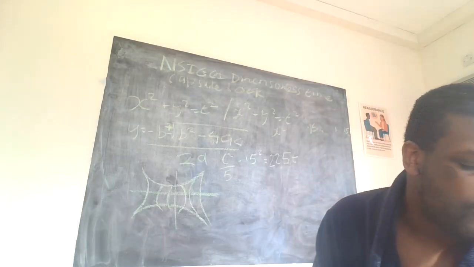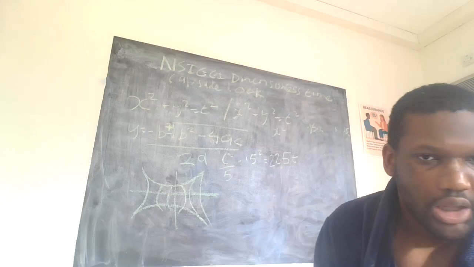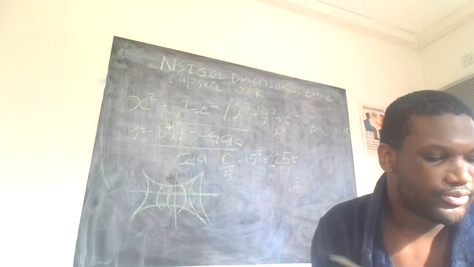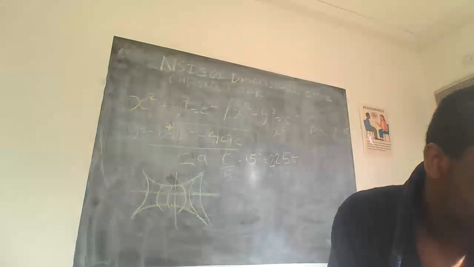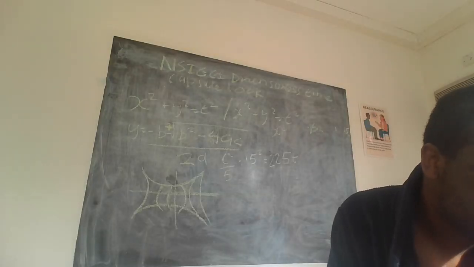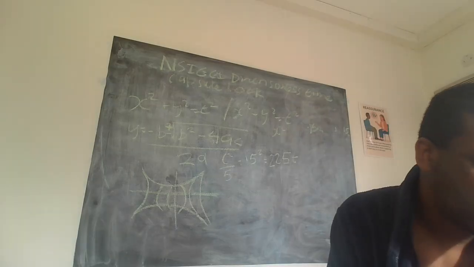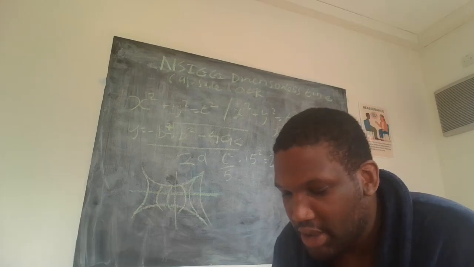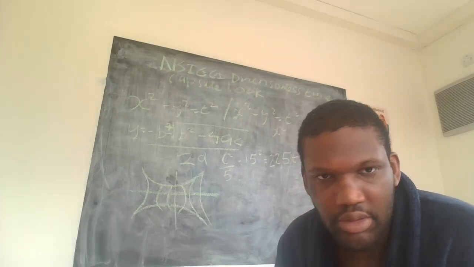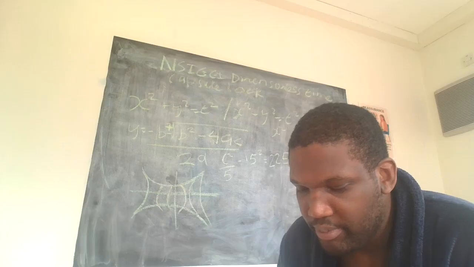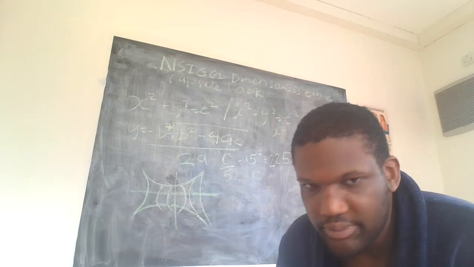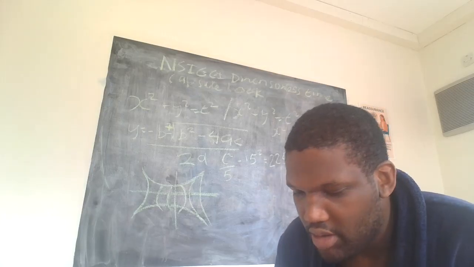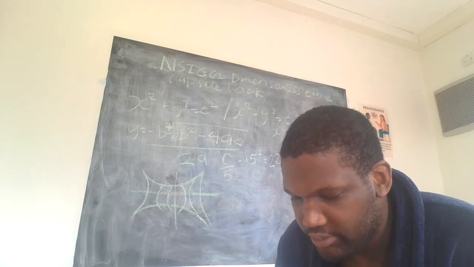So if x equals 4, y equals 3, you get negative 3 squared, negative 3 minus the square root of 3 squared.